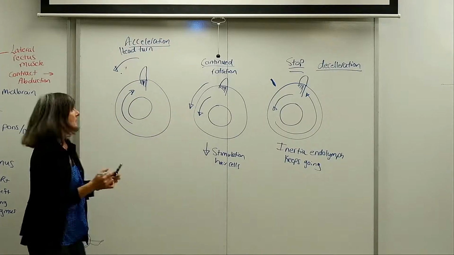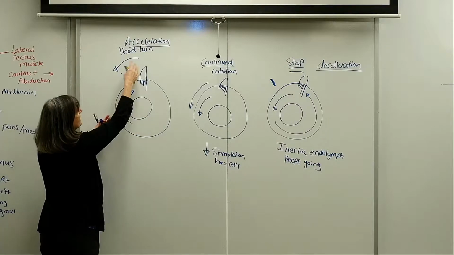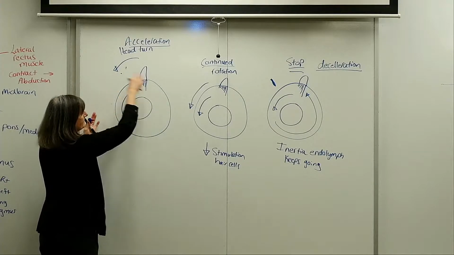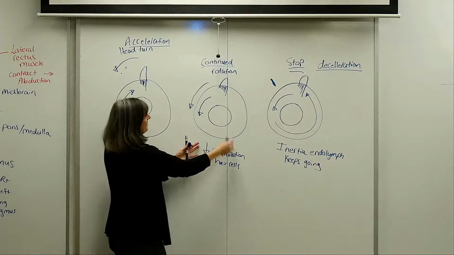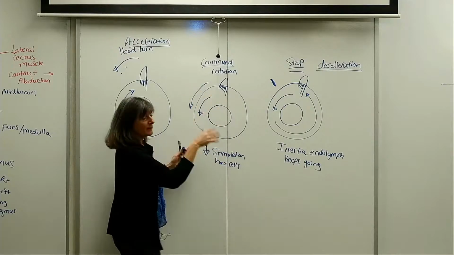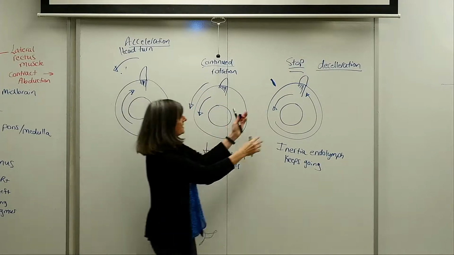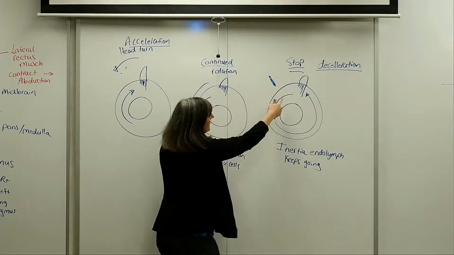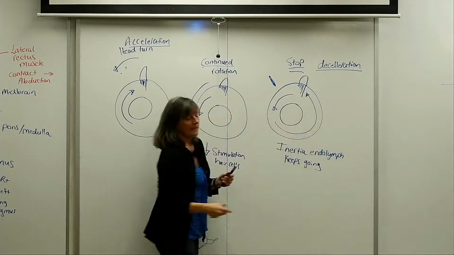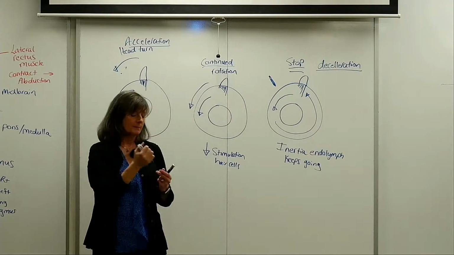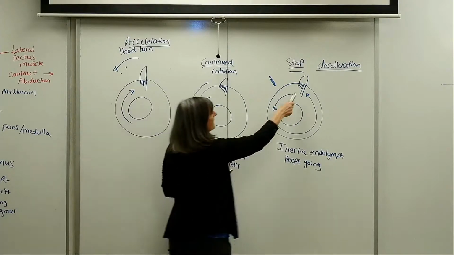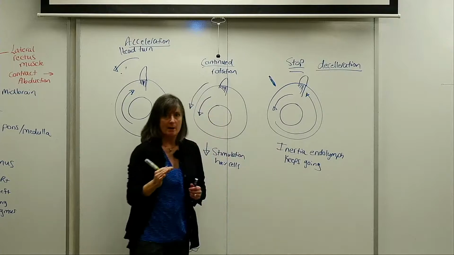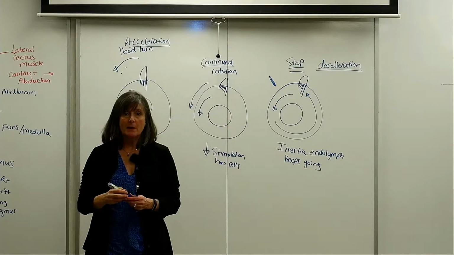So in the bat video, initially they were doing this when they were going around the bat. Then they get to this point where the endolymph has caught up and is going with the head, such that when they stop the head rotation, we're getting that lag that's going to keep going and affect the hair cells with a kind of off response. And that's what they're responding to.